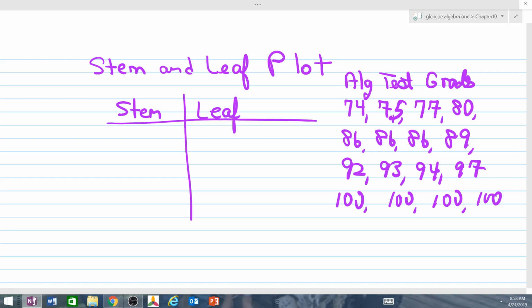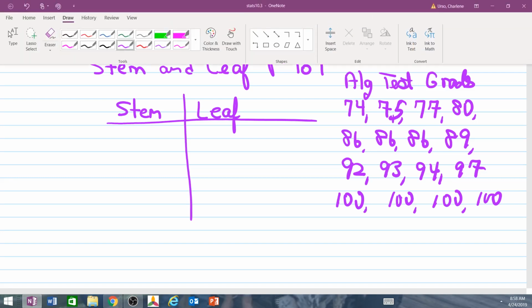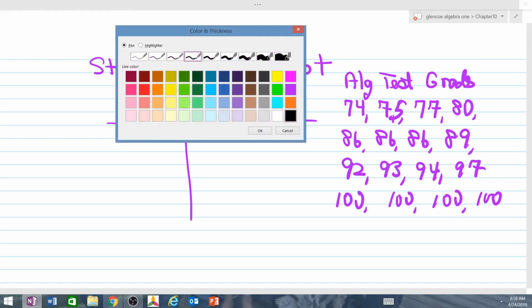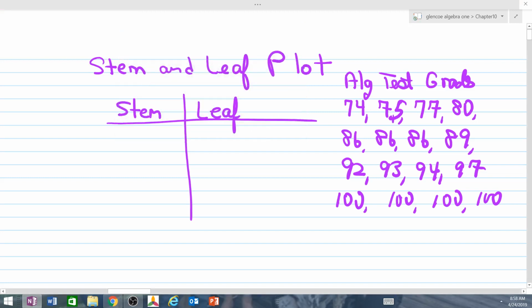So let's show you how to construct a stem and leaf plot. My stems are going to be 7, 8, 9, and 10. Now we're going to list the leaves, which are the numbers in the ones place, which in this case somebody made a 74, somebody made a 75, and somebody made a 77.